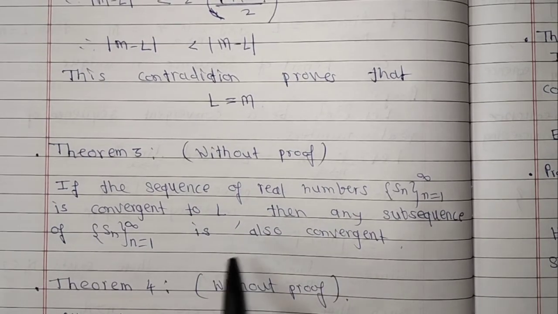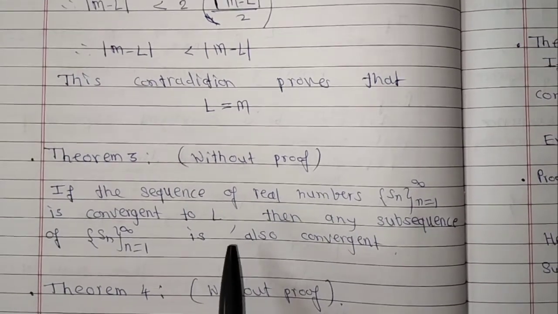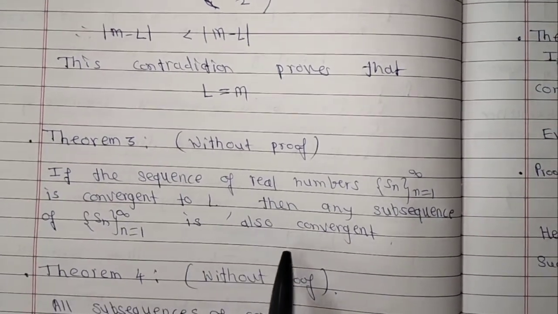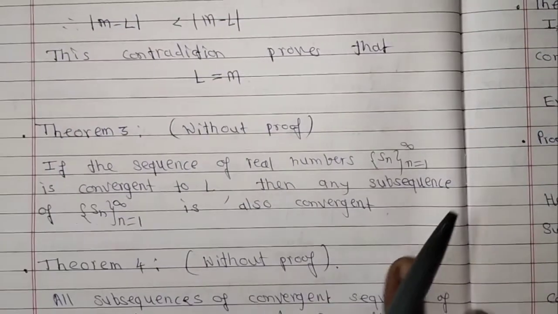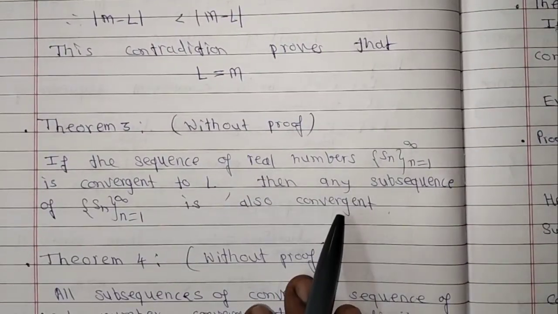That means a subsequence of a convergent sequence is convergent. Here this theorem is without proof.